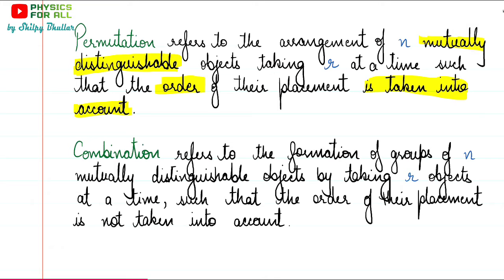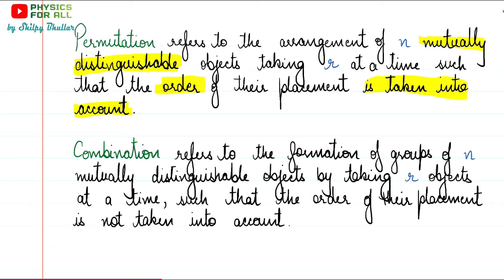See, in the example we did here, the order of the numbers was really important because we were choosing the correct ATM pin. That could only be a particular sequence of numbers. If you change the sequence of numbers, your pin would be incorrect. So whether it is 0124 or 0142, it is different. So this is permutation, where we take care of the order in which the objects are arranged.